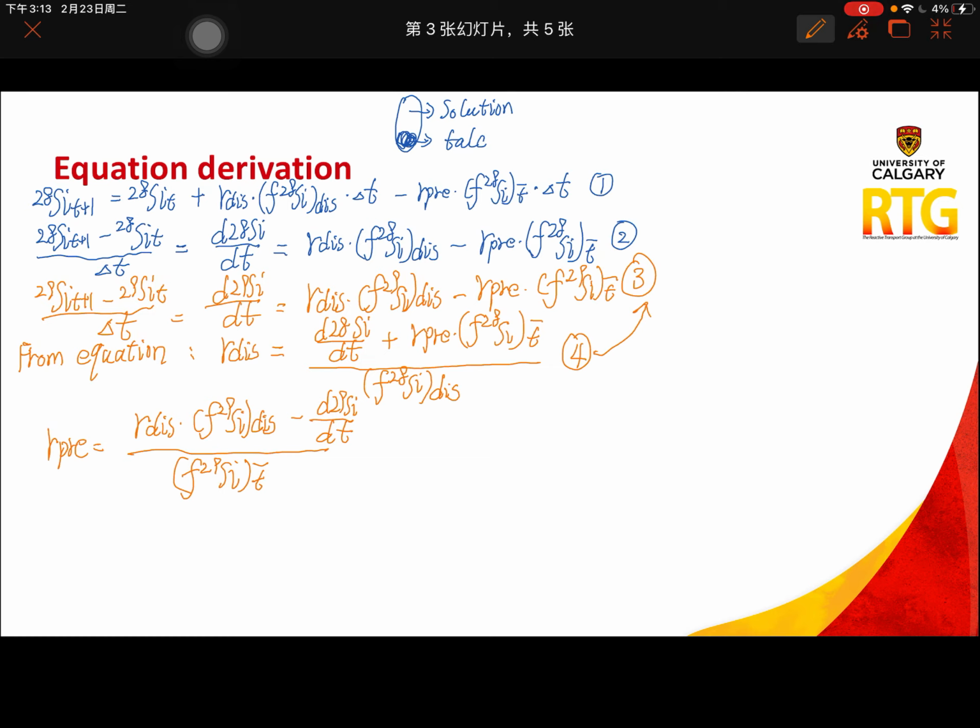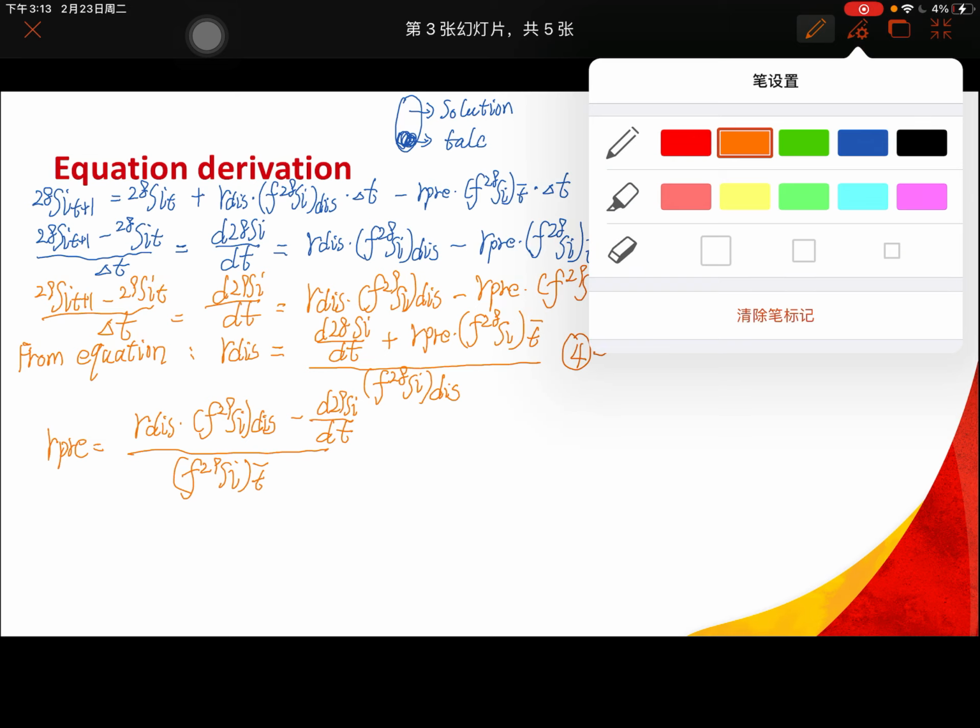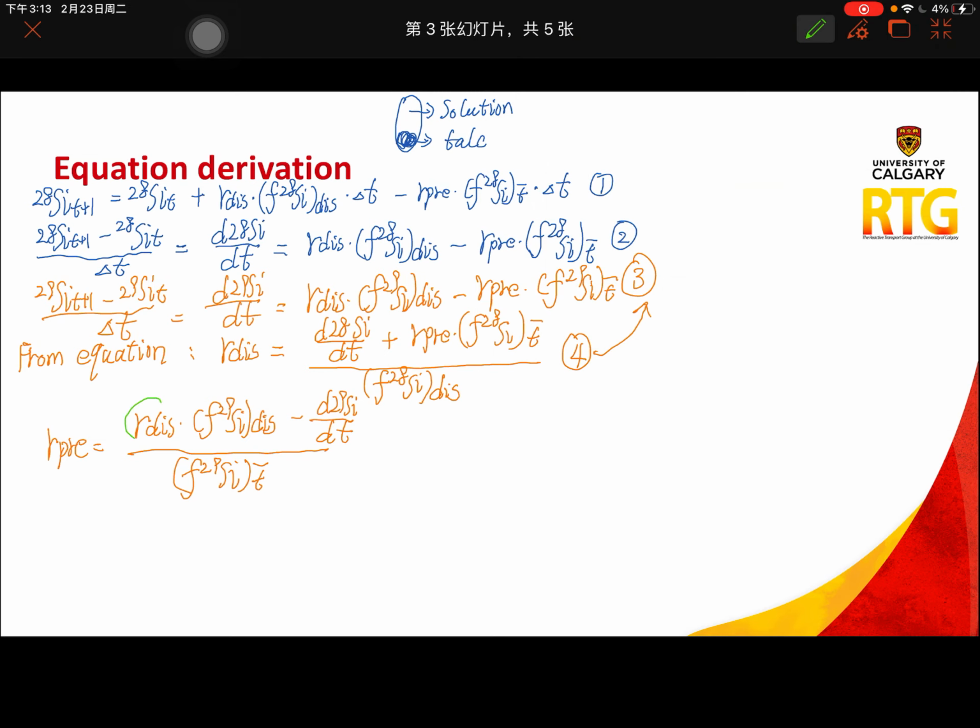So we can change the dissolution rate with this equation here.